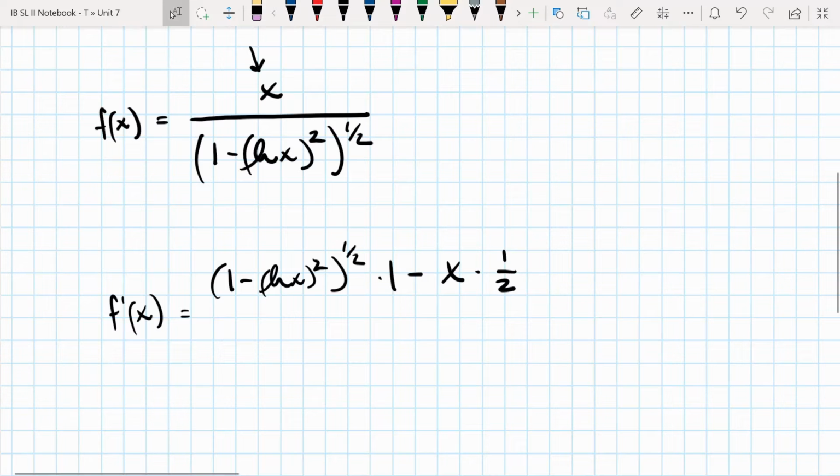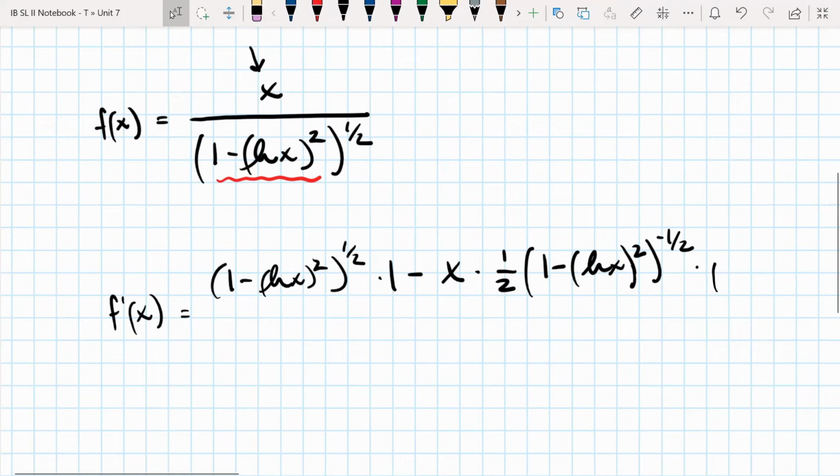The 1/2 will come down, 1 minus the natural log of x, squared, to the negative 1/2, and then we're going to multiply this by the derivative of the inside. Well, to take the derivative of the inside, we need to use the chain rule again.